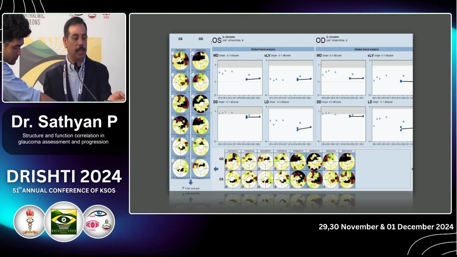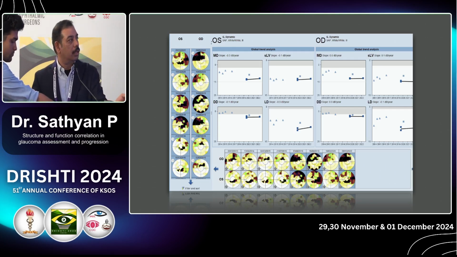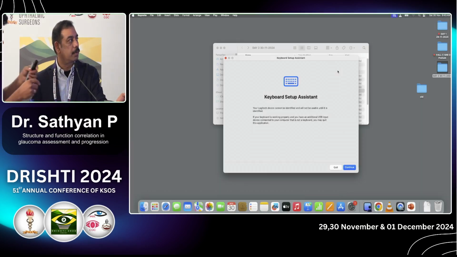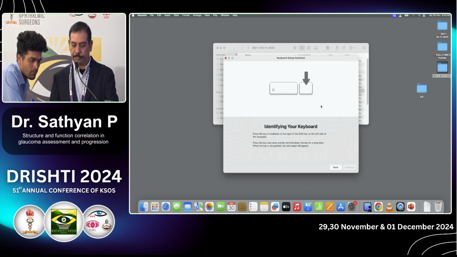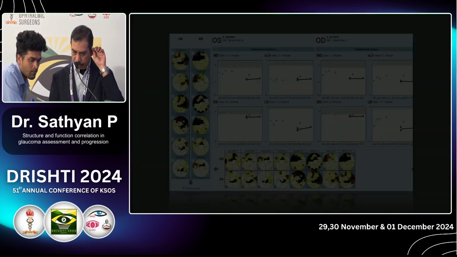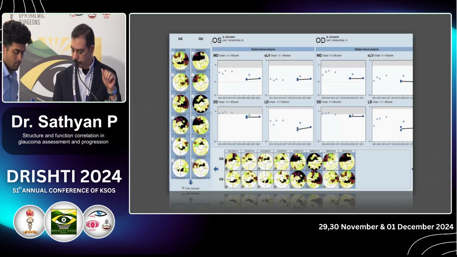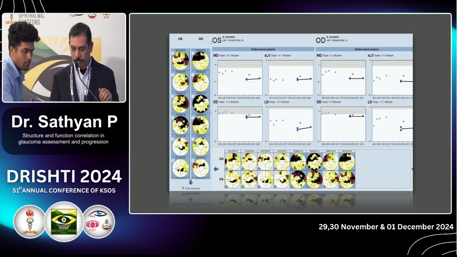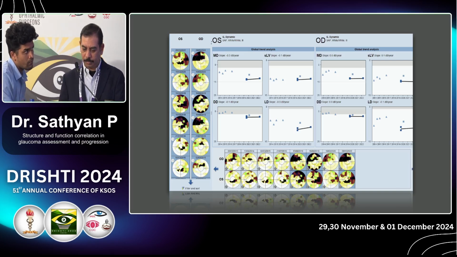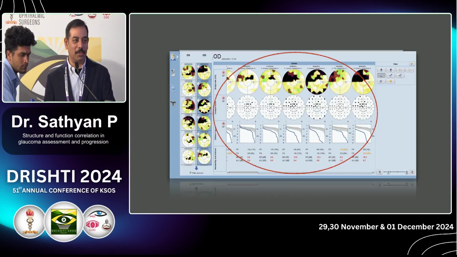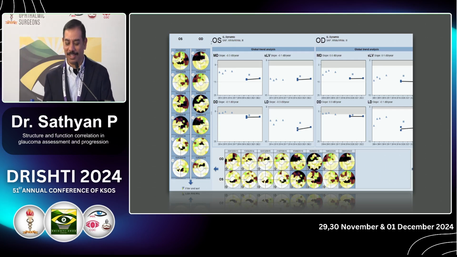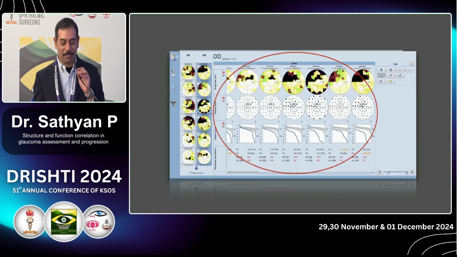So just to understand that, you can see the progression in a very detailed way. I would have been happy if the previous speaker was using it, and if it was not working, had done something with it. Anyway, that's okay. We'll just manage it.